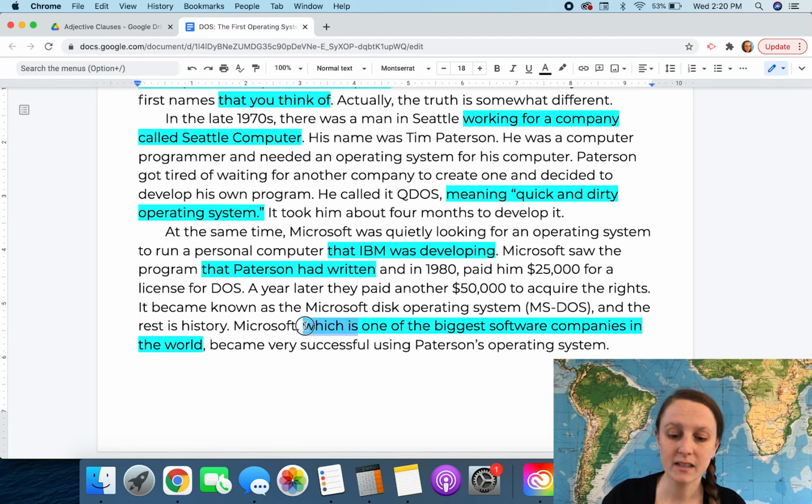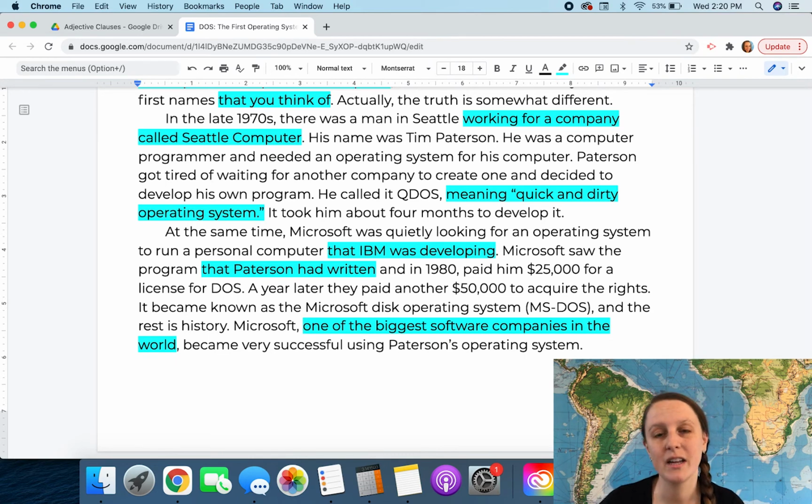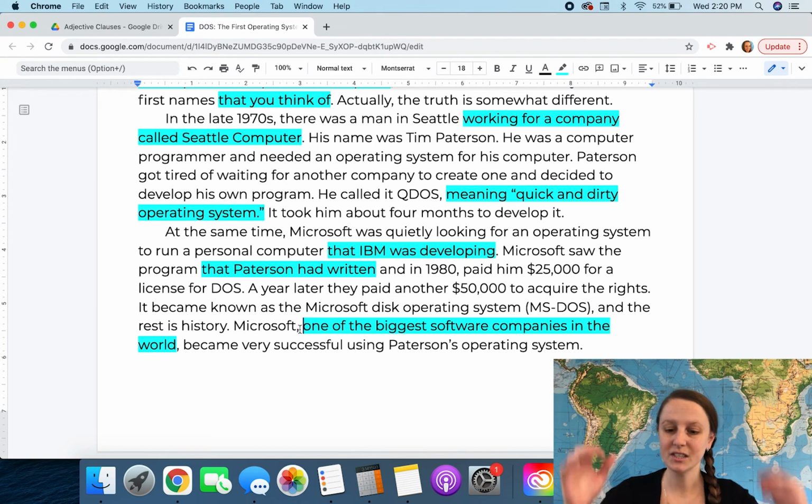So we can delete these, and this is what we call an appositive. It gives sort of a definition for the noun that we're modifying, Microsoft. It gives some sort of a definition or a description just within those commas of the non-restrictive or non-identifying adjective clause.